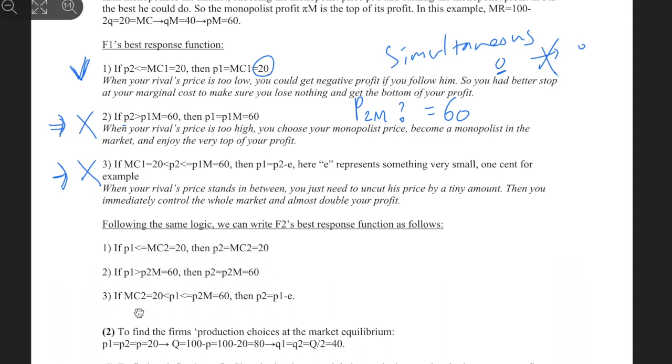If the marginal cost of Farm 2 is smaller than P1 and P1 is smaller than 60, the monopoly price of Farm 2, then P2 can choose a slightly lower price than P1. But this isn't happening, right? So we have 1, 2, 3 options for each farm, but the only double-checked one is to charge the same price at marginal cost. Okay.